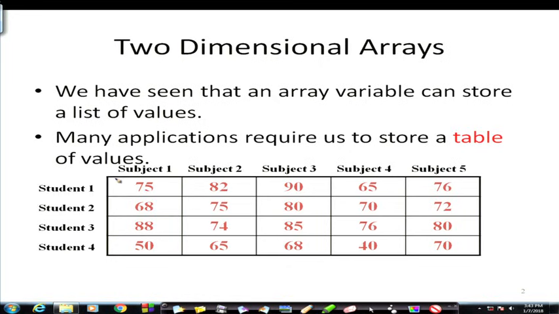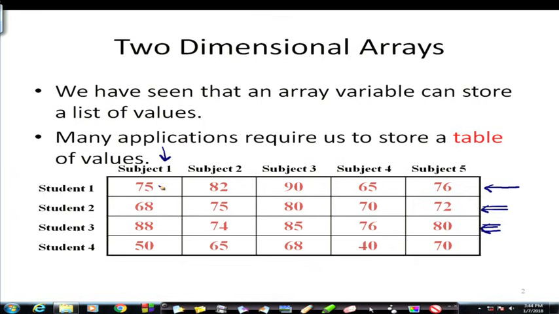So, I can consider that all the marks of student 1 in the different subjects are stored in a row, this row for the first student. Similarly, this row for the second student, this row for the third student and this row for the fourth student. So, row wise I get the information of all students, and column wise if I look in this direction, what do I get?